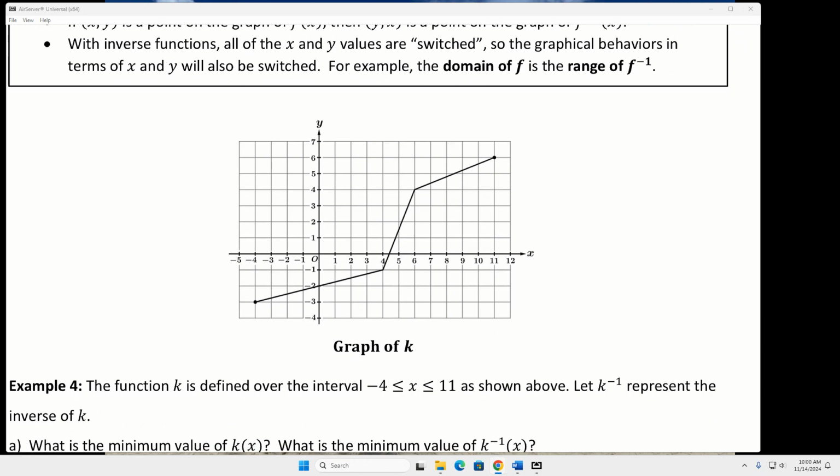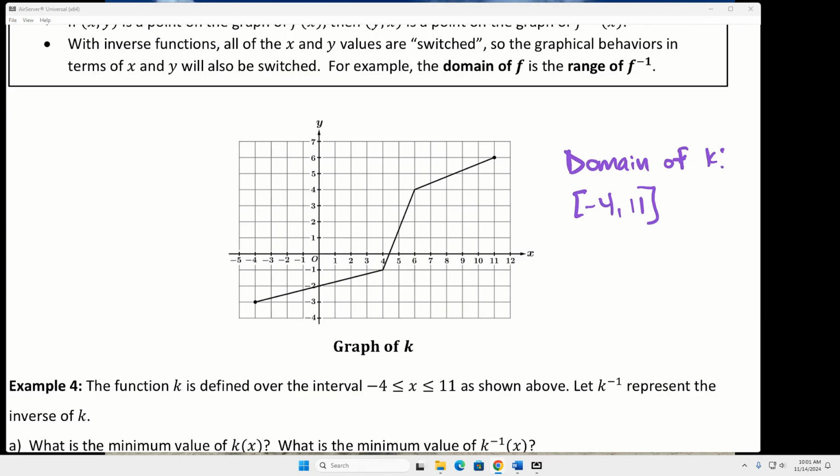So this first one, I am going to graph the inverse just because we haven't done that yet. The other ones, I'm going to see if we can just figure out the answers without doing the graph. Before I do the graph, what would you guys say the domain of K is? Yes, -4 to 11. So the smallest x value graphed is -4. It goes all the way to 11.